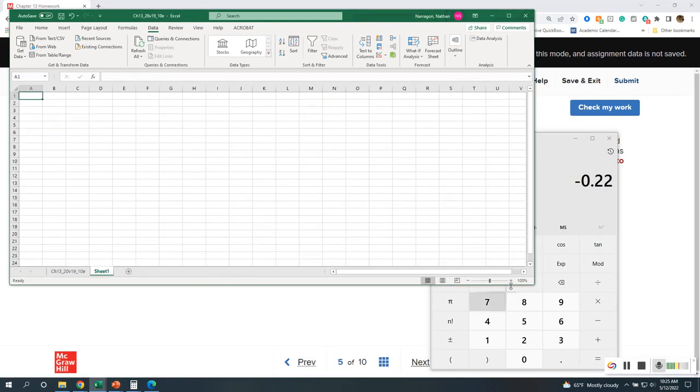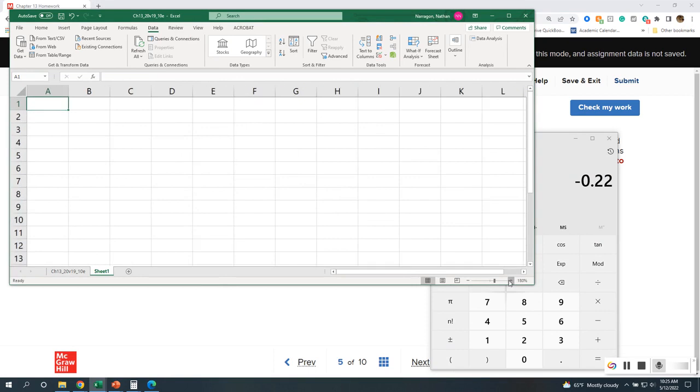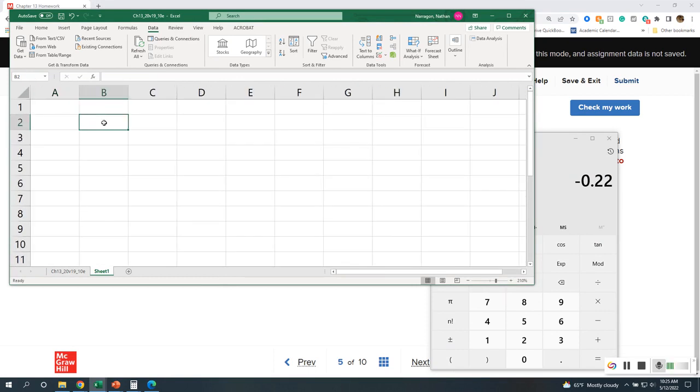Alright, new workout. So we know the formula is 1 minus SSE divided by SS total. So this is what we're using. We know 78% is our coefficient of determination.